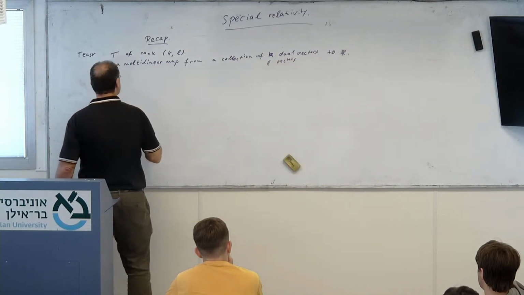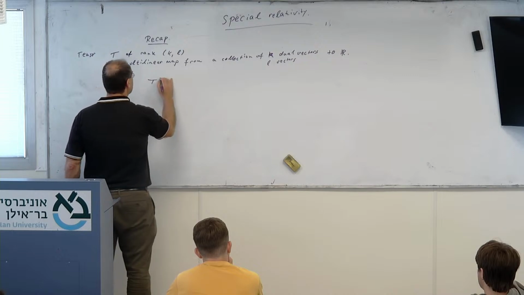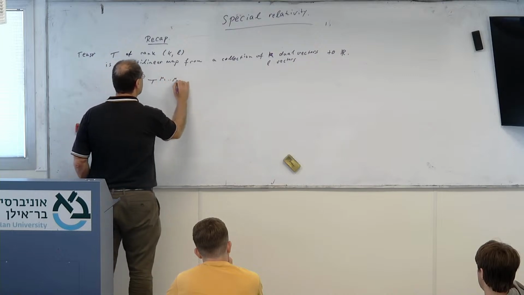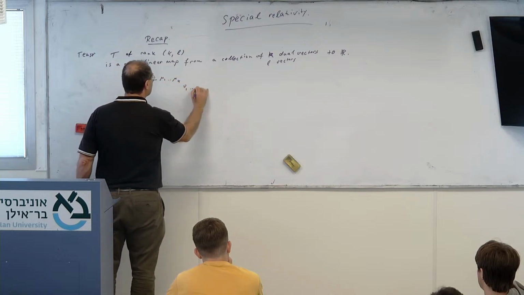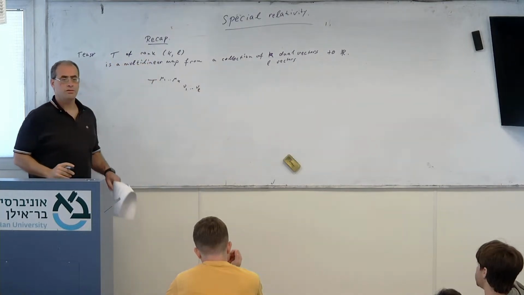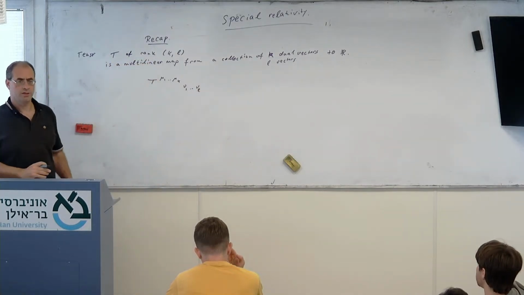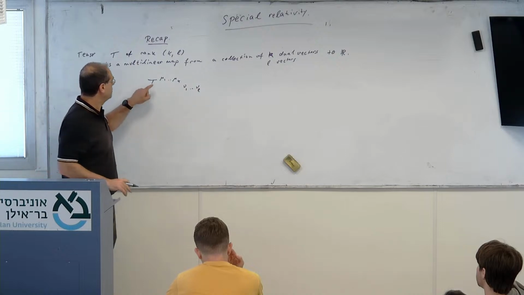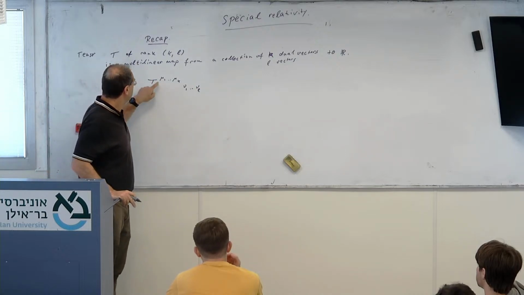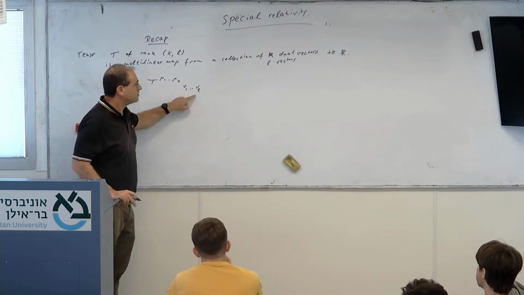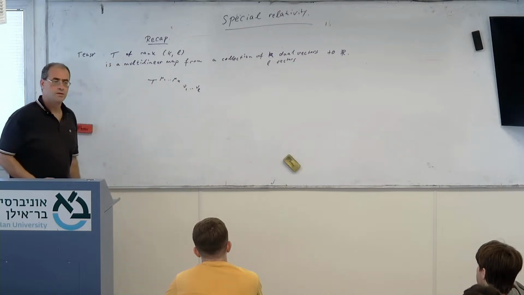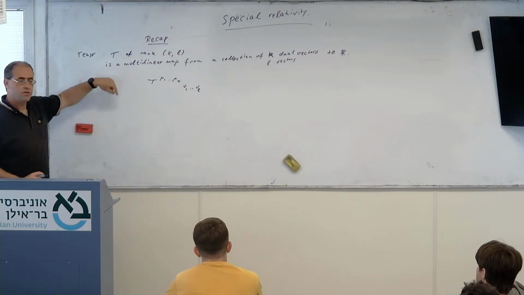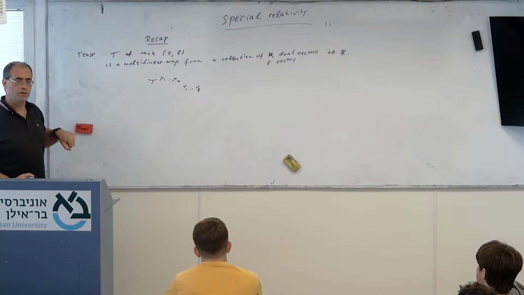And we write it as T with indices mu1 through mu K upper and mu1 through mu L lower. As usual, the order matters a lot, so you cannot just switch them. K upper indices, L lower indices, and a transformation law for each index according to the way it is.